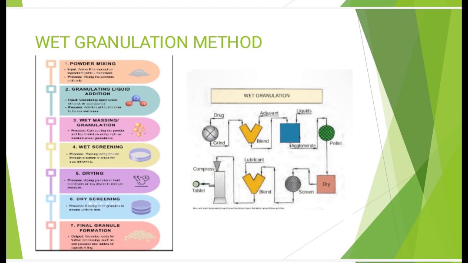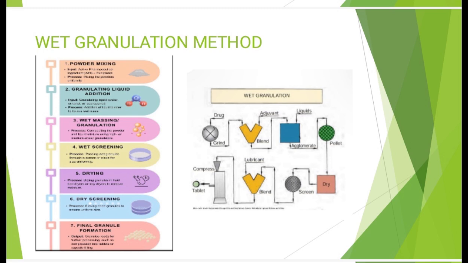Then sizing the granulation, which means dry screening. After drying, the dried granules are reduced in size by passing through a suitable mesh screen to produce uniform granules. Then lubrication, which means adding lubricant and blending.